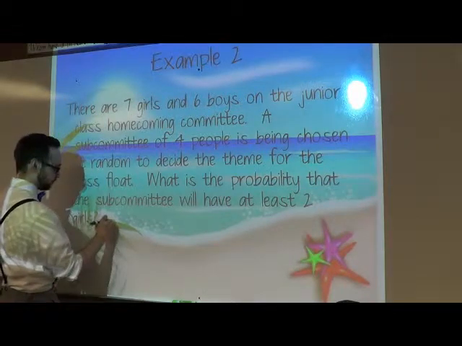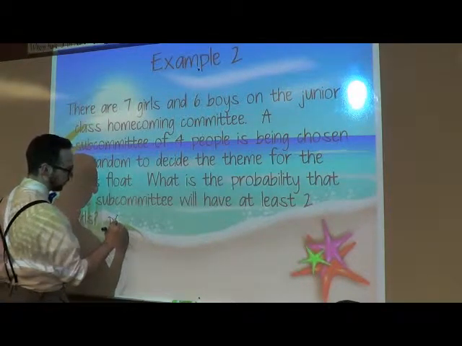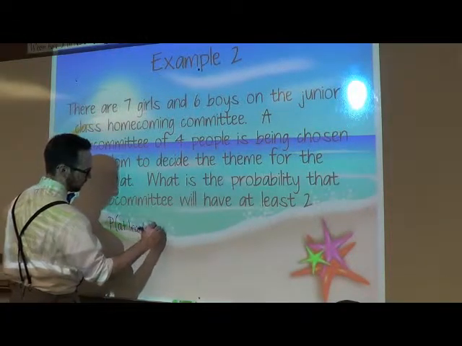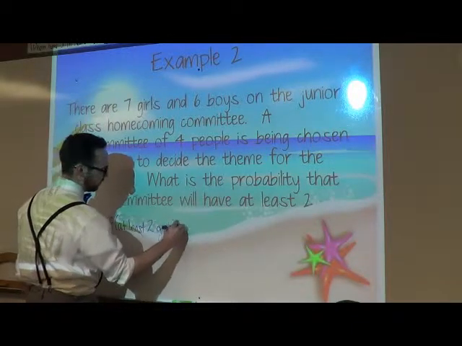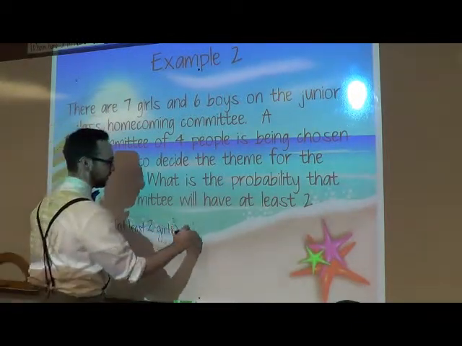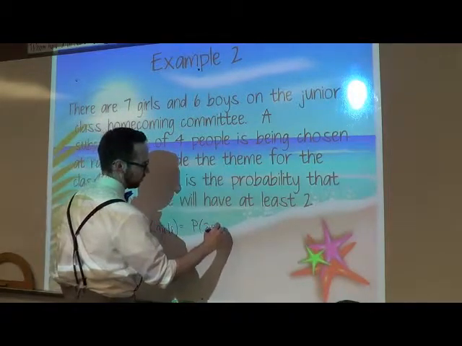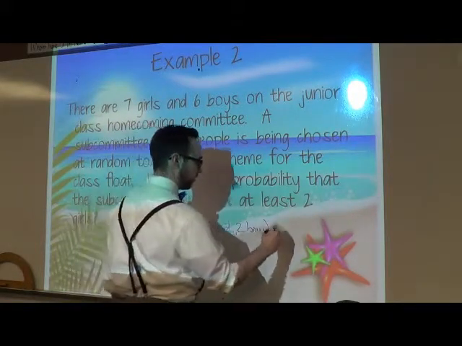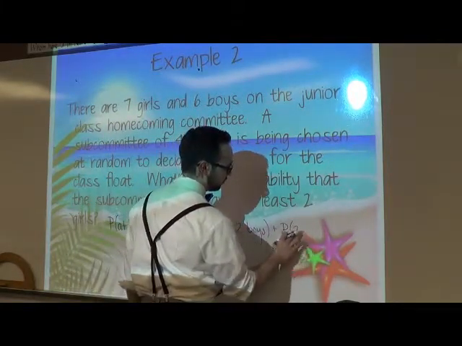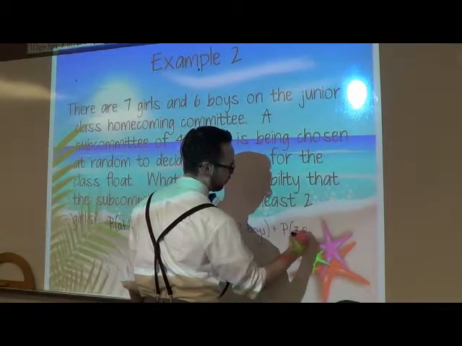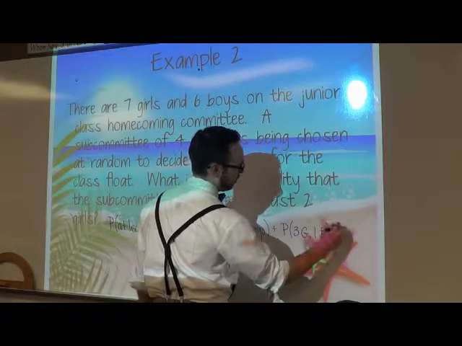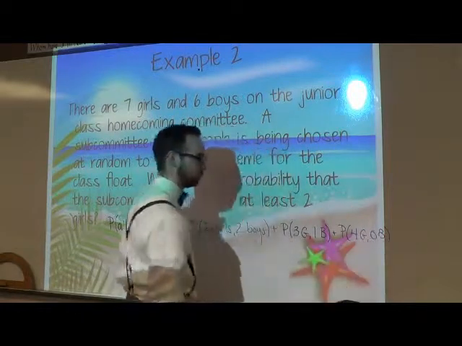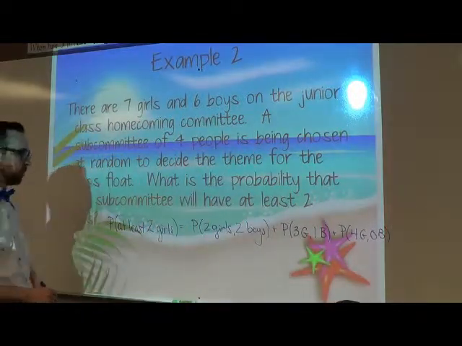So if I say the probability of at least 2 girls, that means I have the probability of 2 girls, 2 boys, plus the probability of 3 girls, 1 boy, plus the probability of 4 girls and 0 boys. So you have all 3 of those probabilities happening.